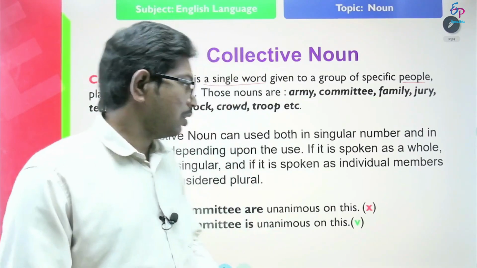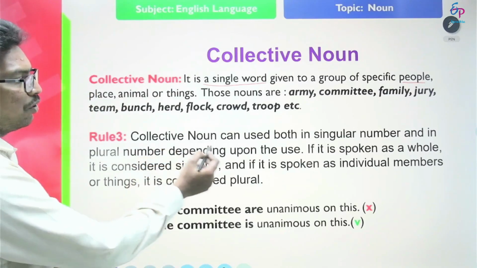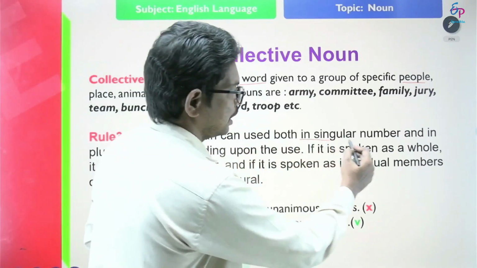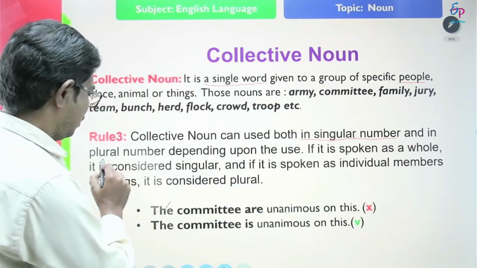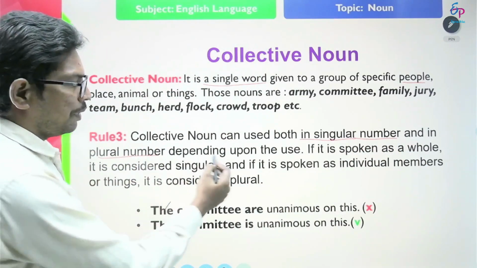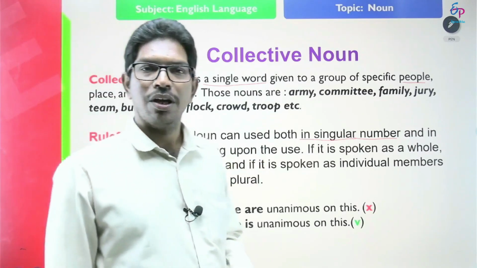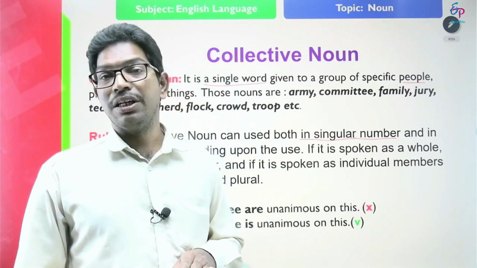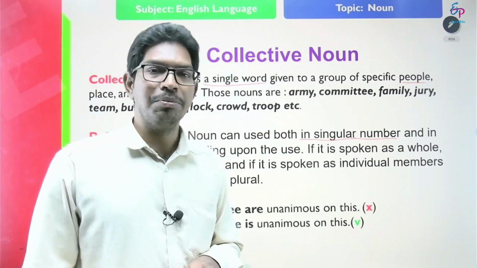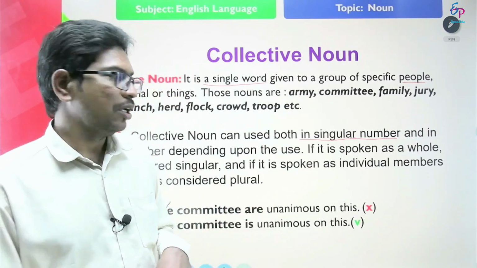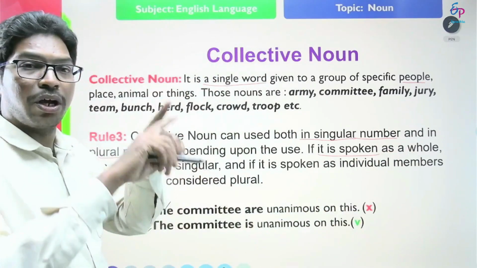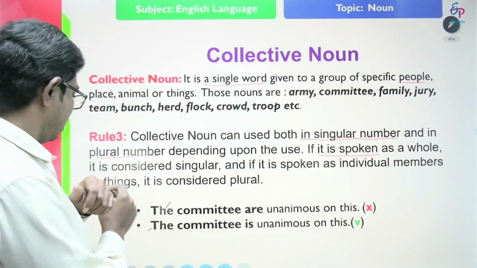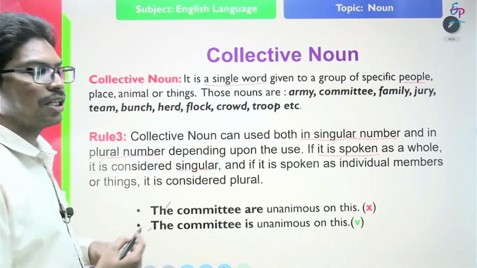And collective noun, what is the rule? A collective noun can be used both in singular number and in plural number, depending upon the use. If it is spoken as a whole, if it is spoken as united, it is considered singular.